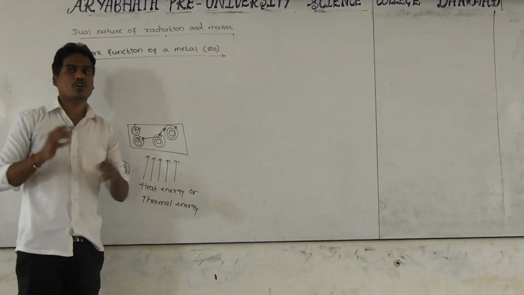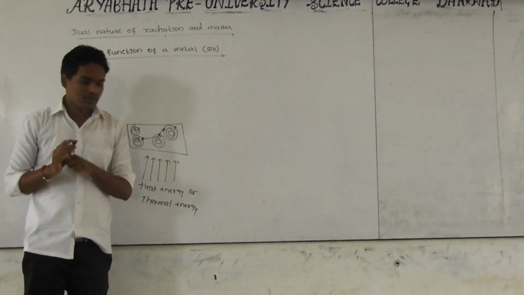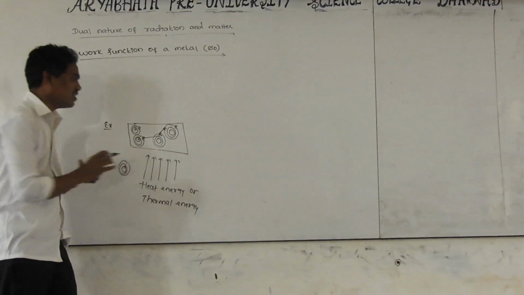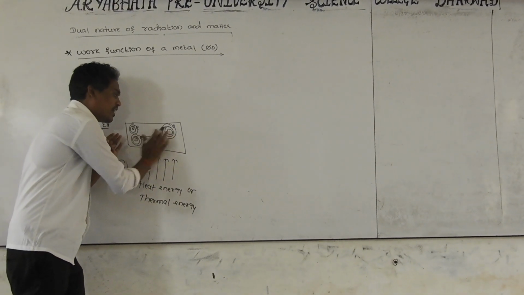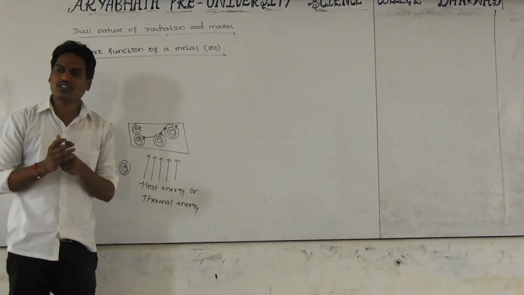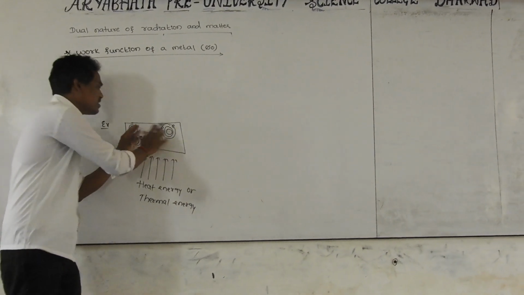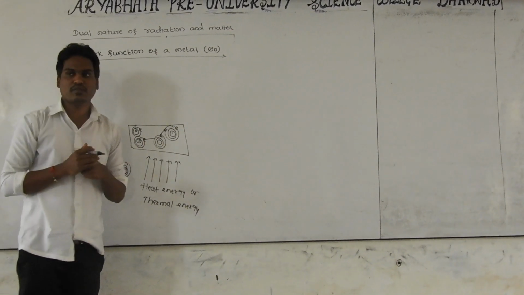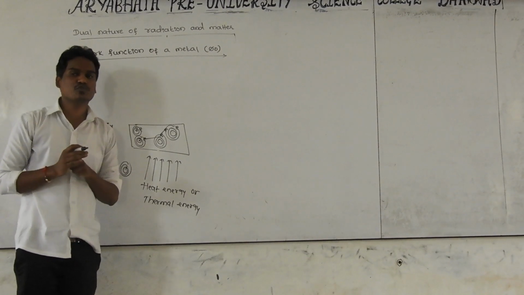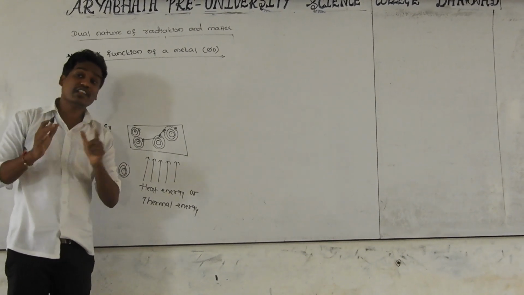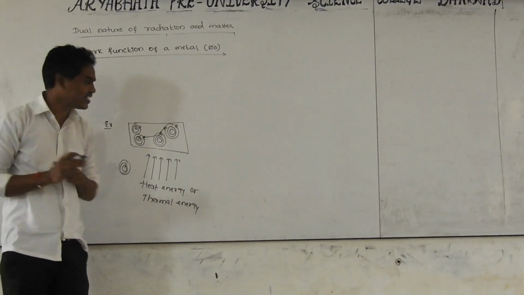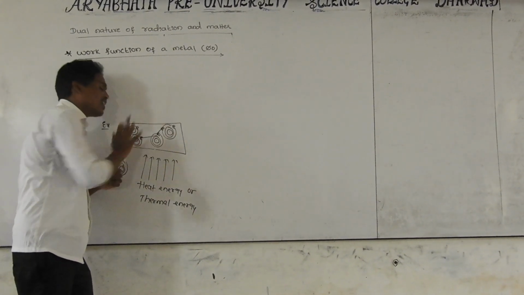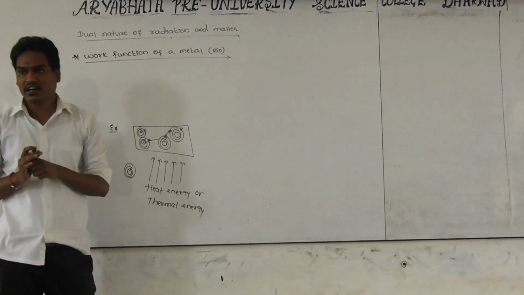This process goes on continuously. But you can observe carefully, this electron is colliding with other electrons continuously, but it is not emitting from the surface of the metal. Our intention is to emit the electron from the surface of the metal, but it is not coming out.